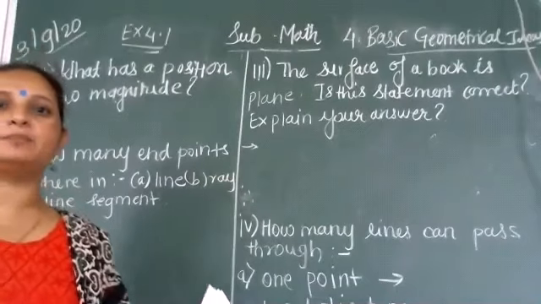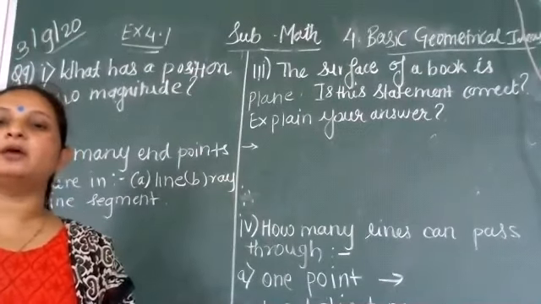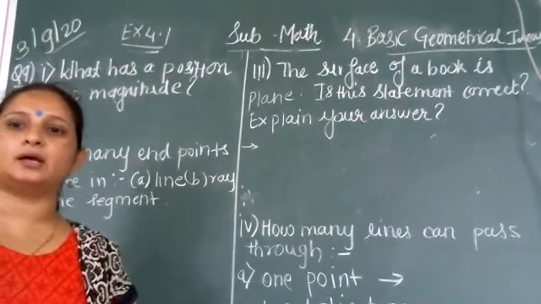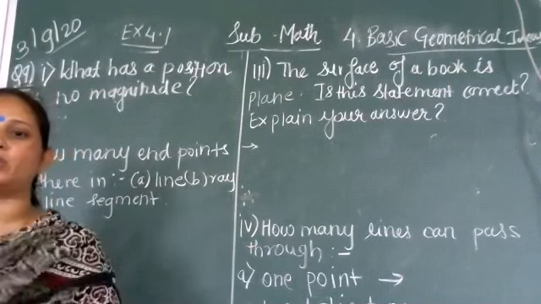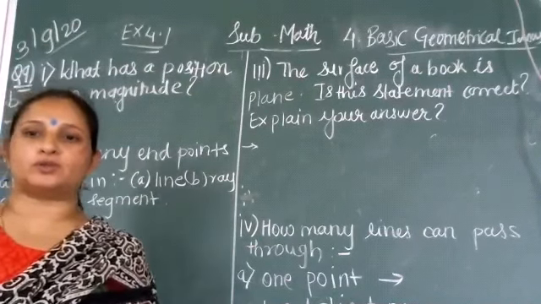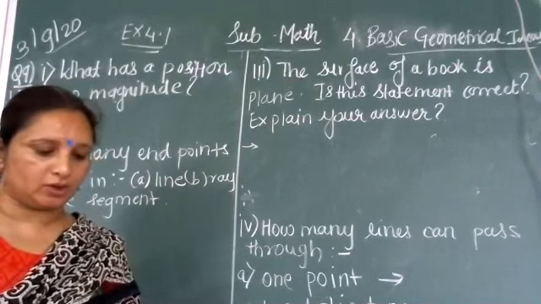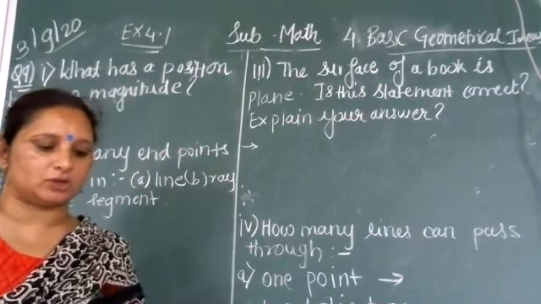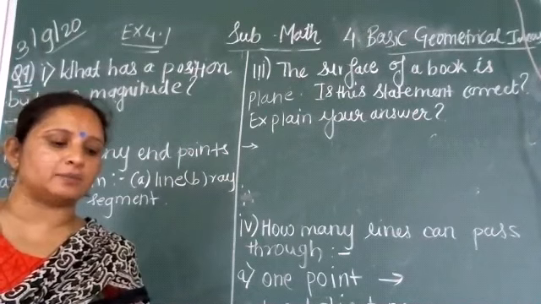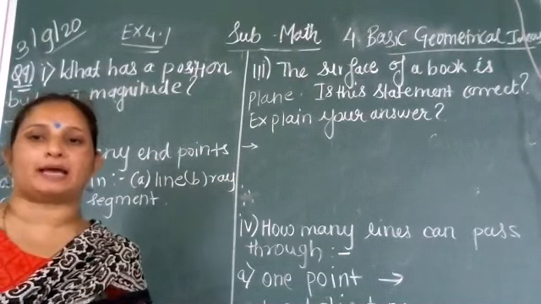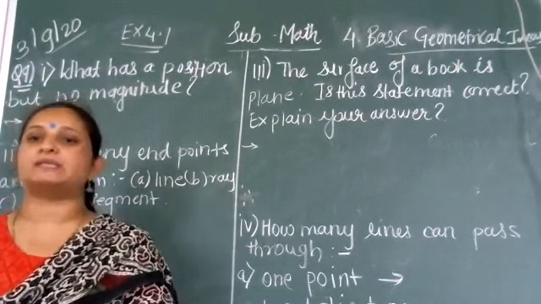Now let's begin with question number 9. In question number 9, they are asking us to answer the following questions. What are the questions asked over here? Here comes the first question: what has a position but no magnitude? Now magnitude means measurement.